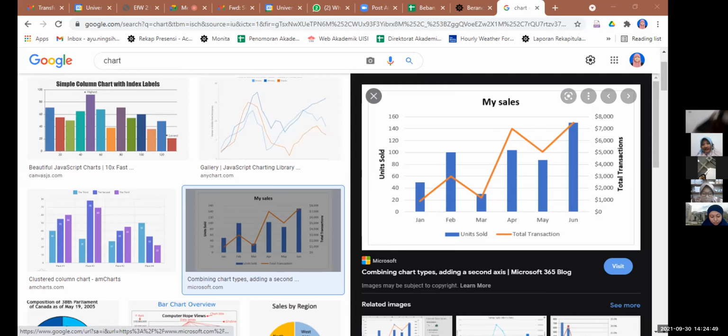Or you can right click and open image in new tab to make the image bigger. Open image in new tab. Right click. Okay, Miss, I'm so sorry.